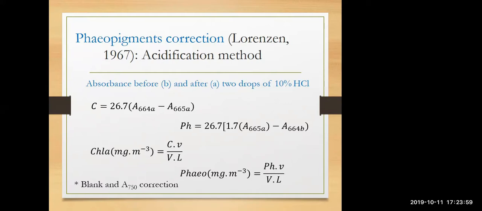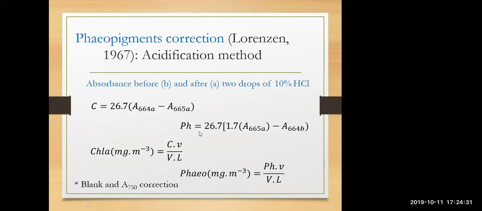New equations were also proposed to integrate these acidification methods. They are also based on the absorbance in the red part of the spectrum; here you can see 664 and 665 nanometers. The letter A indicates after the addition of hydrochloric acid, and the letter B indicates before the acidification of the sample.